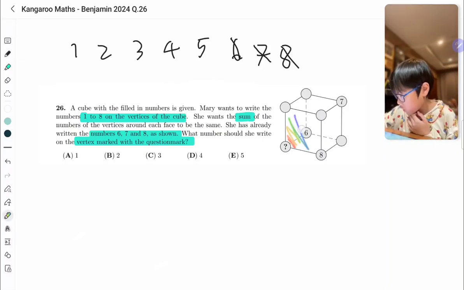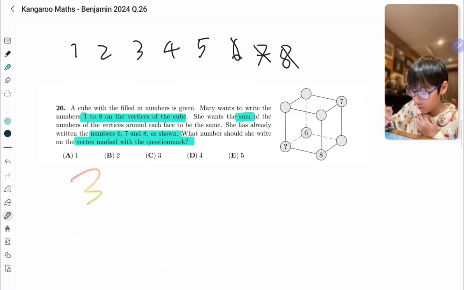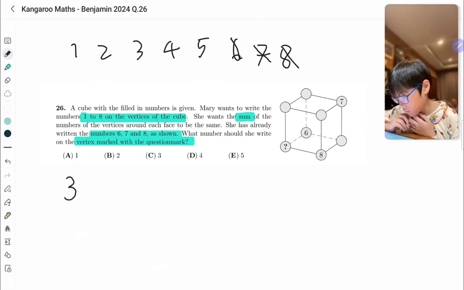By the way, our little question mark in here is our vertex. 1, 2, and 3. So there are 3 of them. Let me just write that down. 3.